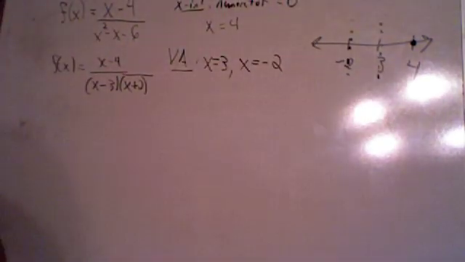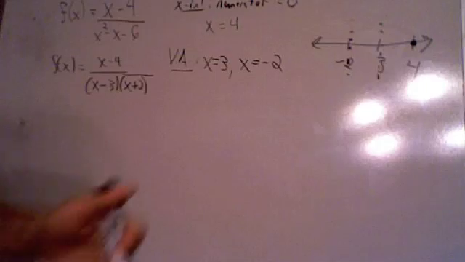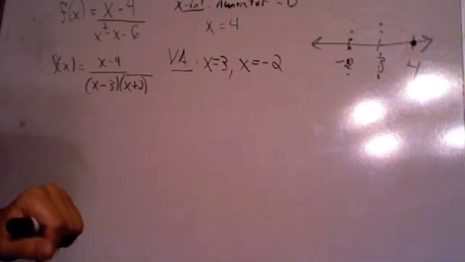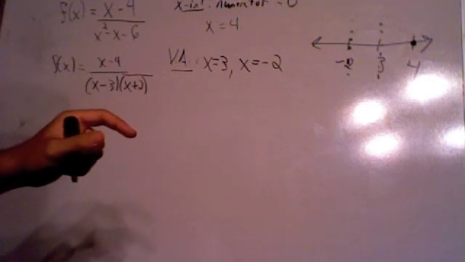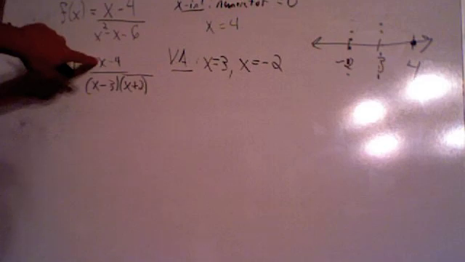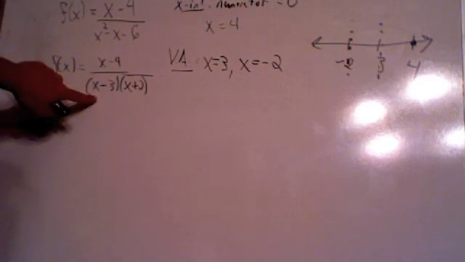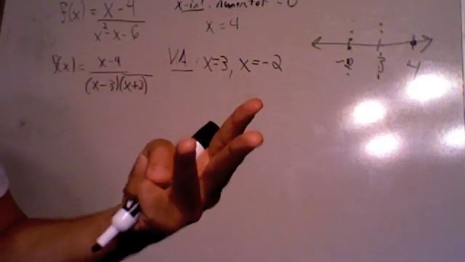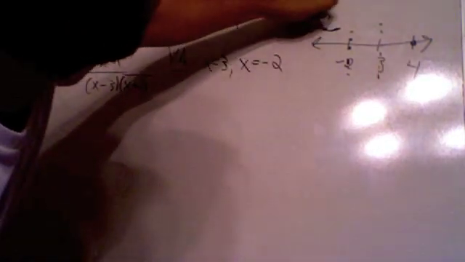Now just as before, we need to test values in between each region. So to the left of negative 2, let's try negative 4. If I plug in negative 4, that's negative, negative, negative. That's 3 negatives. That gives us a negative.